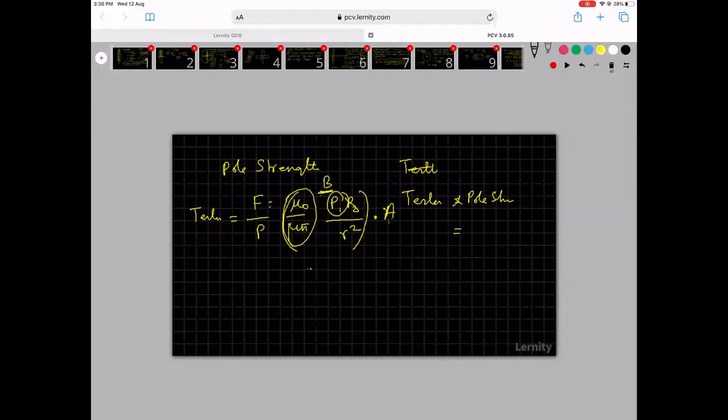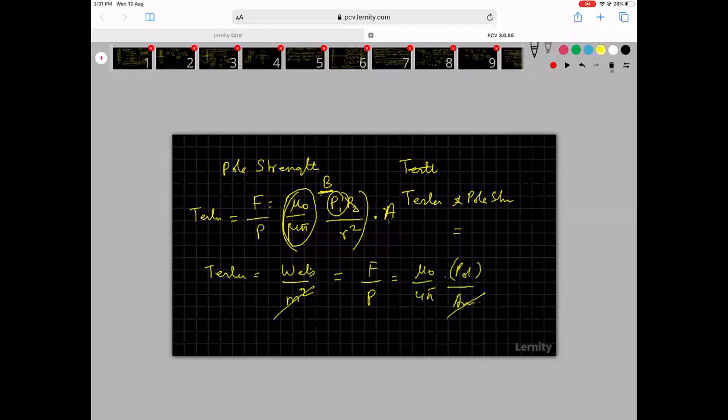So Tesla is equal to Weber per meter squared, that is equal to force divided by pole strength, that is equal to mu naught by 4 pi into pole strength by area.